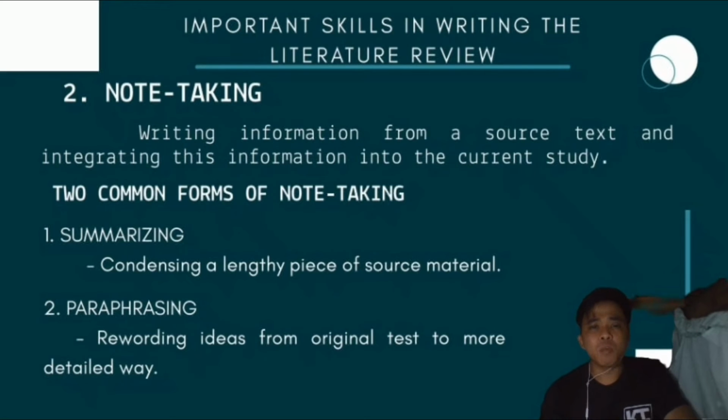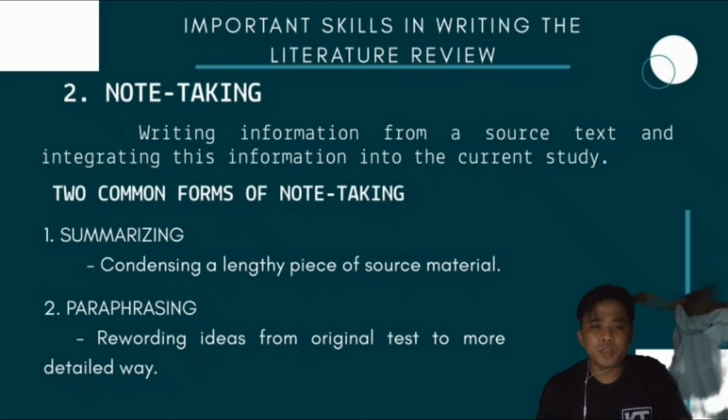There are two common types of note taking, which is summarizing and paraphrasing. Talking about summarizing, condensing a lengthy piece of source material. So you can summarize new ideas from different sources. Also, you can paraphrase it.